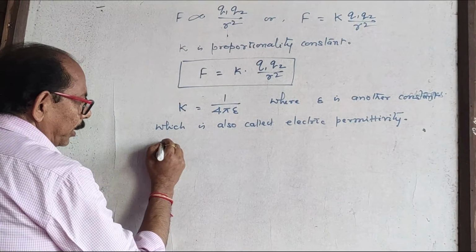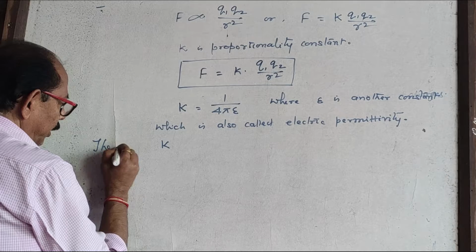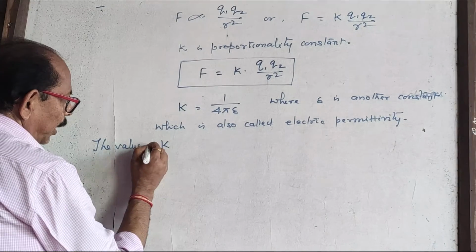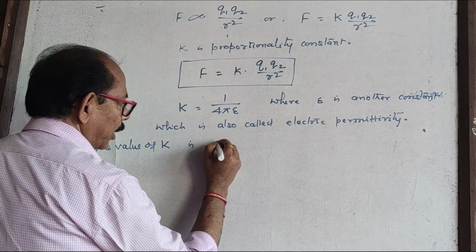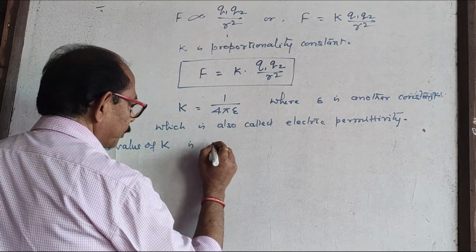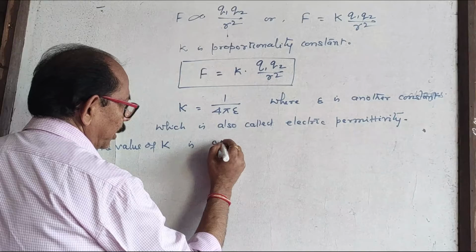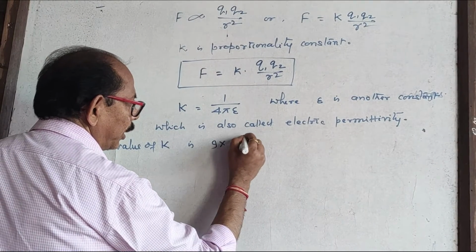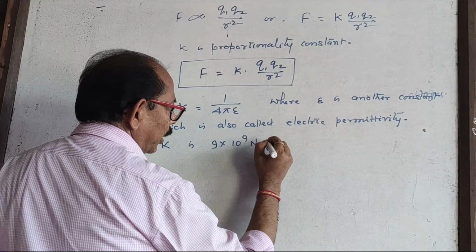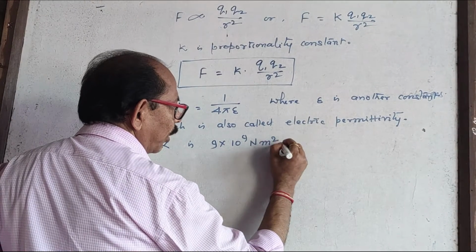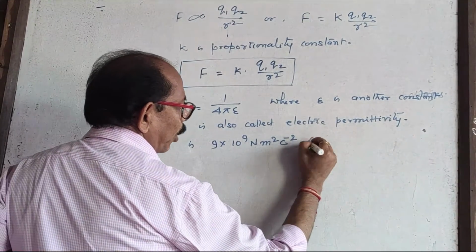By experiment, the value of K is approximately 9 into 10 to the power 9 Newton meter square per coulomb square.